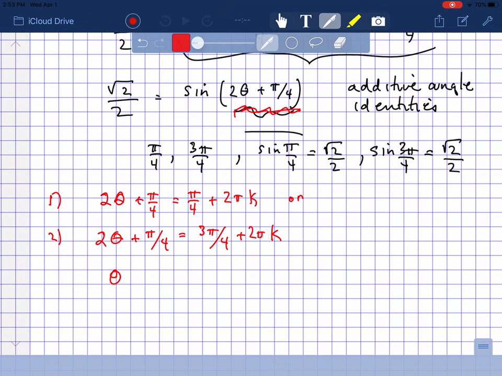So this tells me that theta, so I have two equations sitting here.